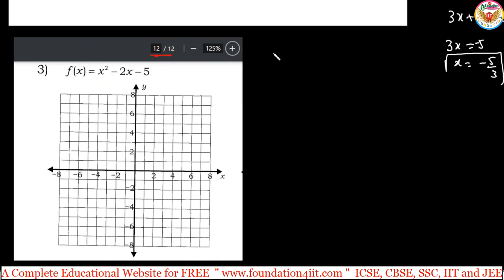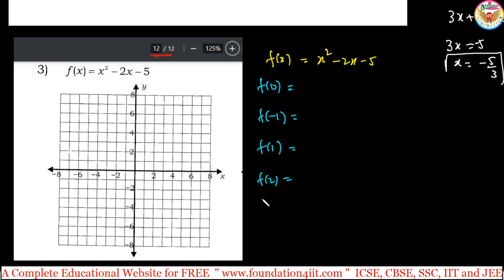So the given polynomial is f(x) = x² - 2x - 5. Instead of factorizing, we have to take values. Let us take f(0), f(-1), f(1), f(2), f(-2), and again 3 and -3.